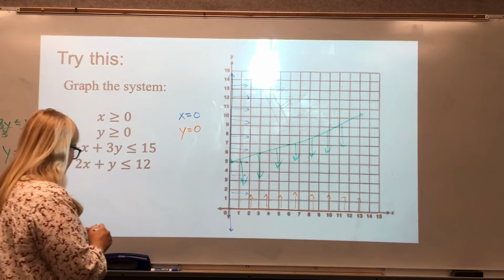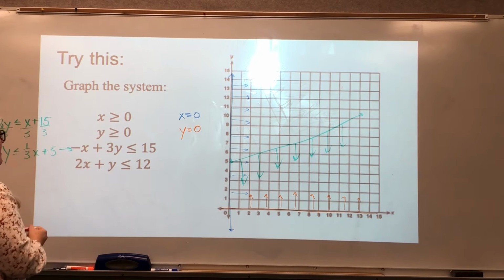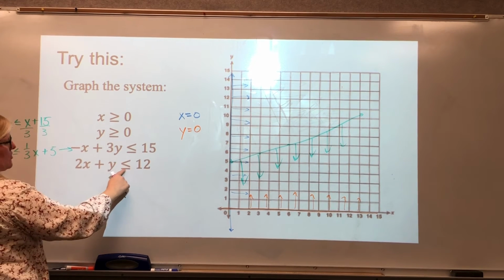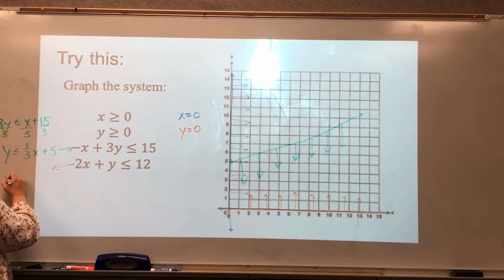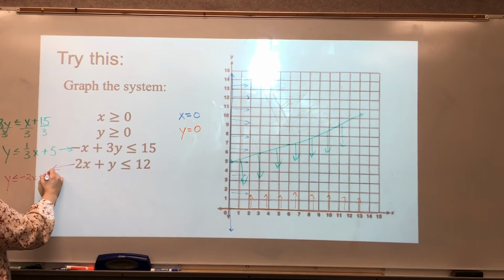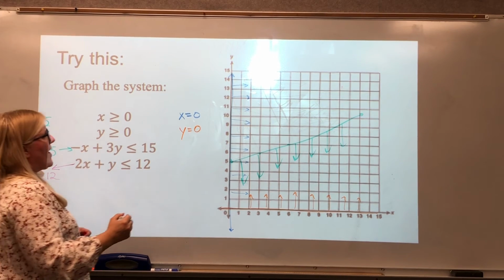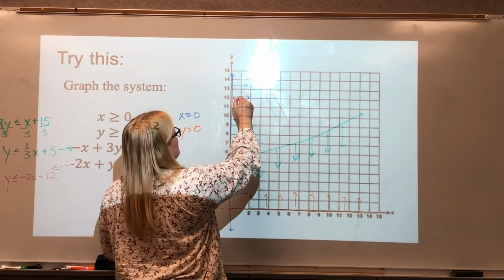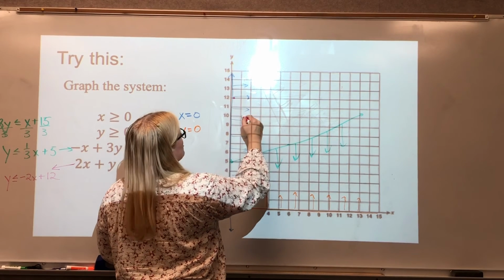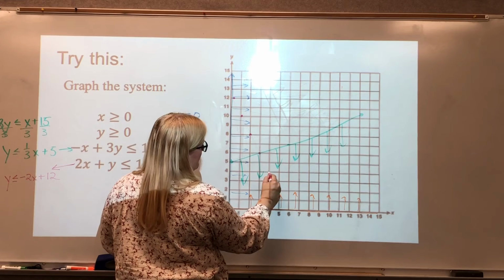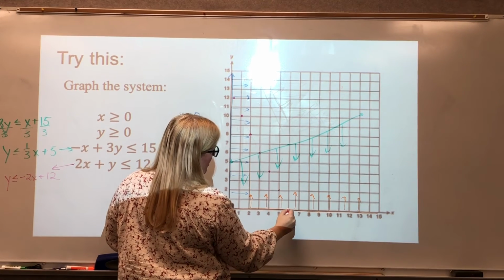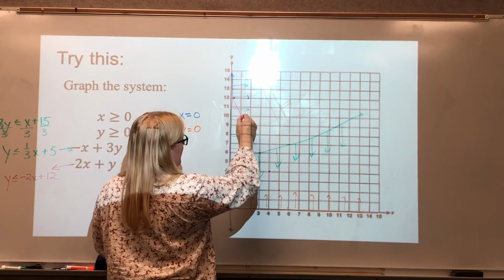Okay, and finally, I have 2x plus y is less than or equal to 12. If I get the y by itself here, I have y is less than or equal to negative 2x plus 12. So my y-intercept is 12, and it's negative 2 over 1. So down 2 over 1, down 2 over 1, solid line again.